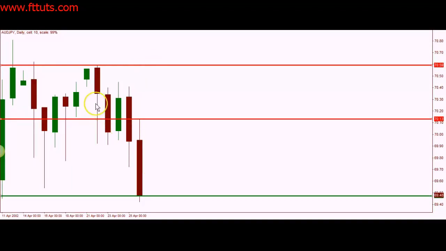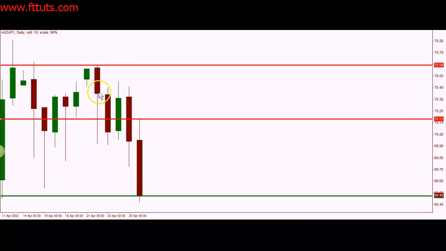So I really don't like to trade these in certain situations. That's why I don't really put my entry here. I mean, you can put an entry here with a stop loss here. It'll give you less risk, and I'm not saying that's something you can't do. It's just something that I don't really do.